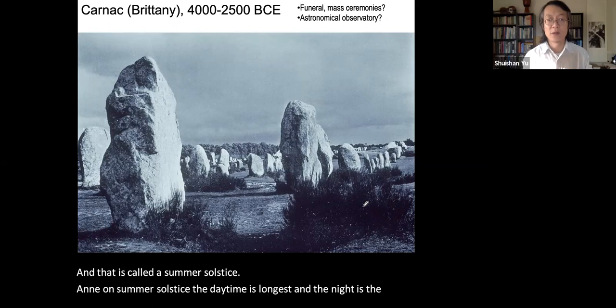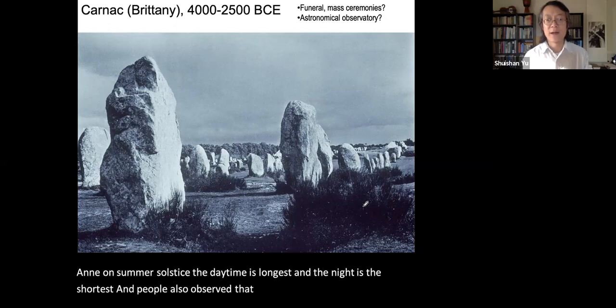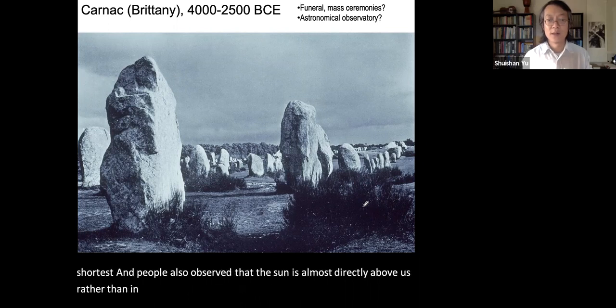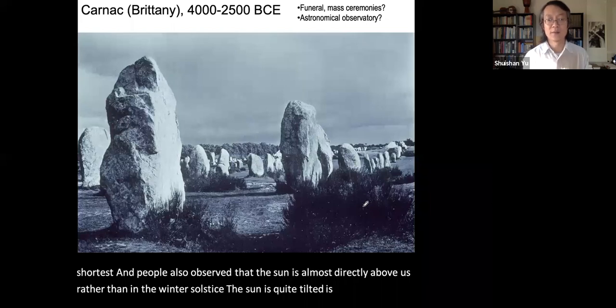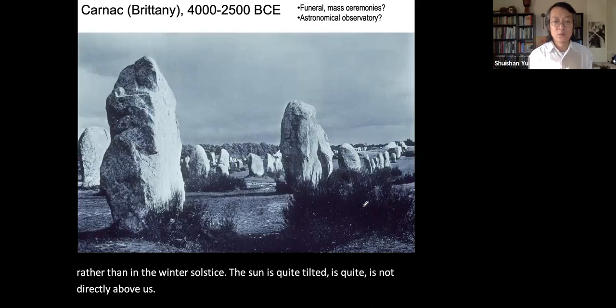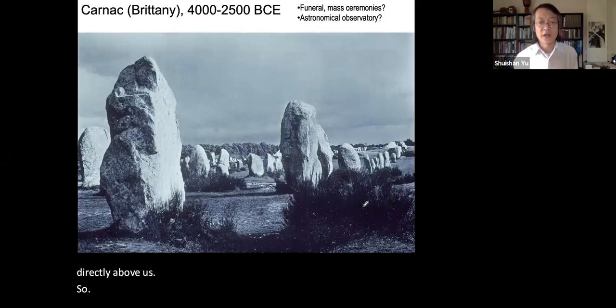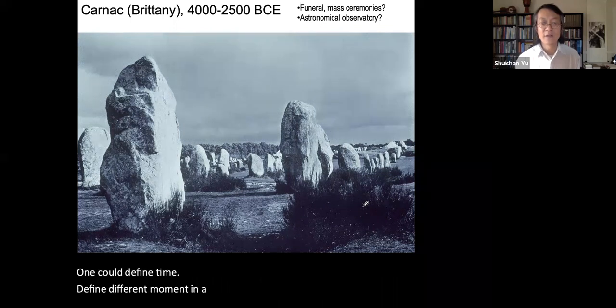And people also observe that the sun is almost directly above us, rather than in the winter solstice, when the sun is quite tilted, not directly above us. So by observing the shadow of the menhir, one could define different moments in the day, and define different days over the year.